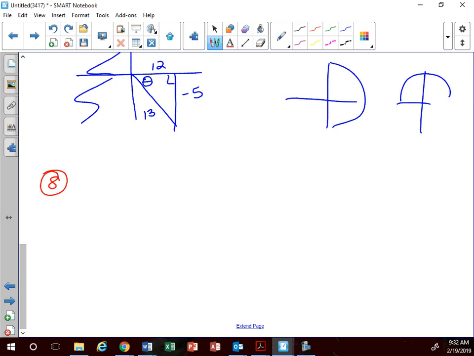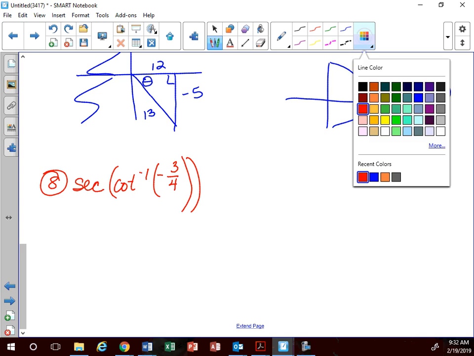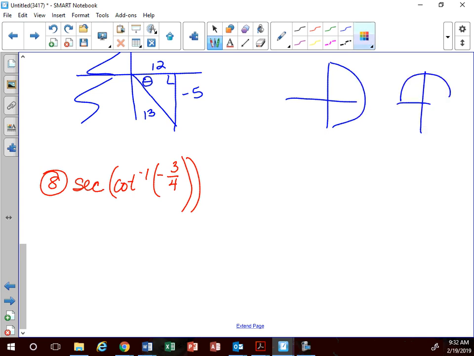Let's see. Let's do secant of inverse cotangent of negative 3 over 4. Okay, we won't make it too bad. Can't make it so I can do it in my head. And I wrote that in a way where you have to think about what's actually negative. Is it the 3 or the 4?